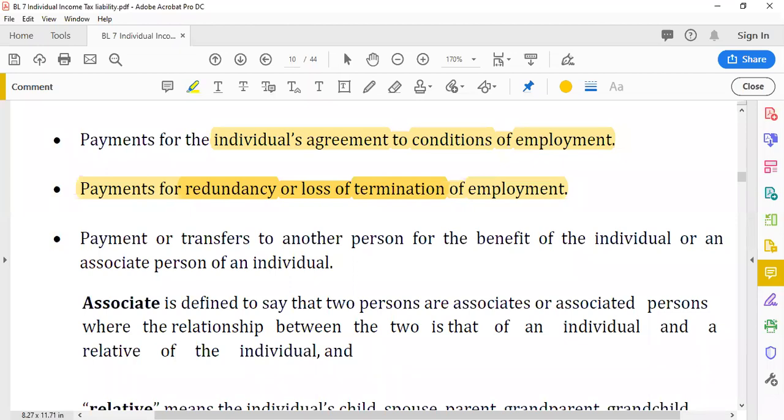So that is loss of termination, right? A person works in an office, and the company wants to terminate his employment. At that time, they will give him 3 months' salary as a final salary, right? For what purpose?